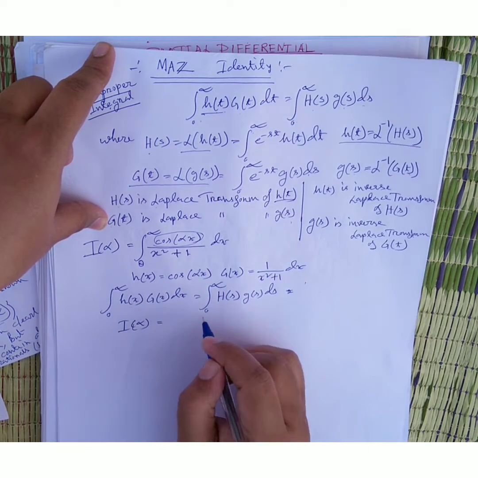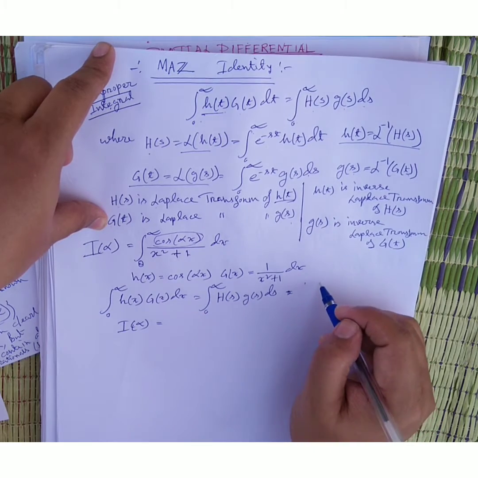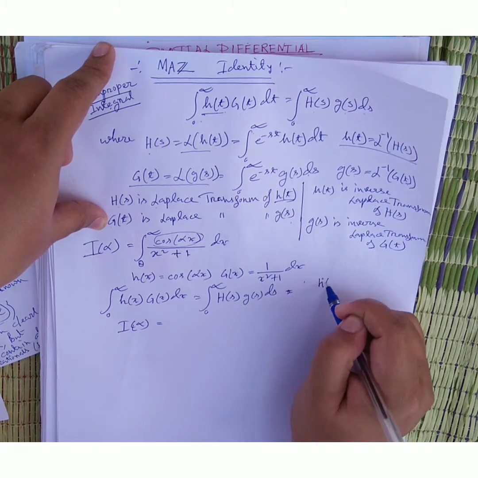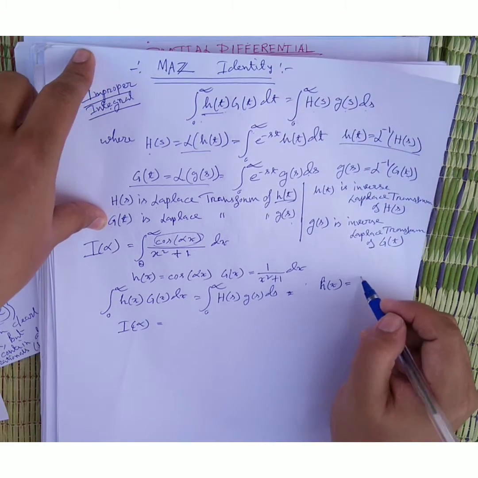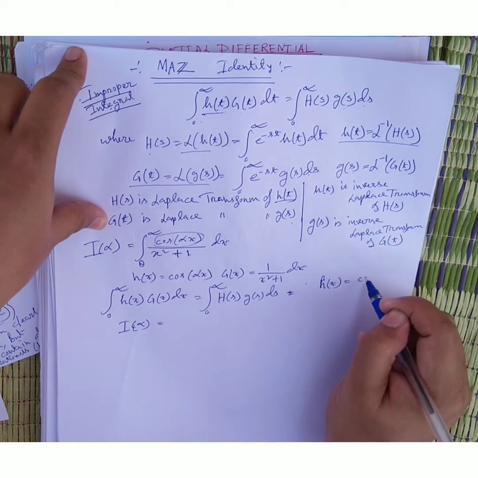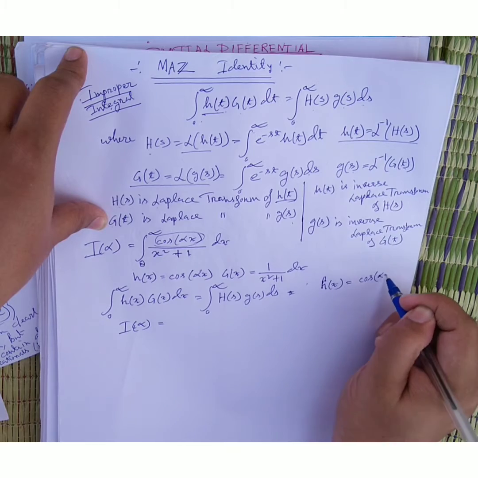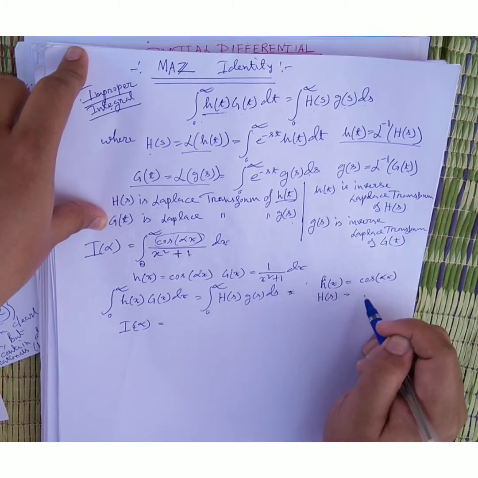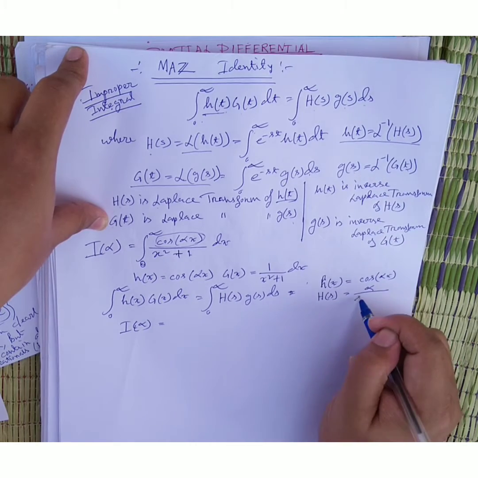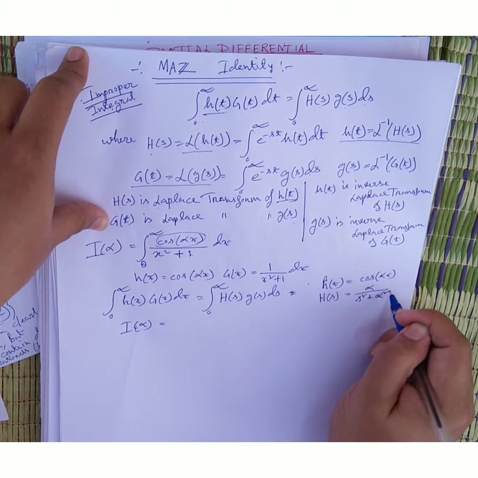is equal to H(s). What is H(s)? h(x) means here cos(alpha x), so capital H(s) is equal to alpha divided by s square plus alpha square.